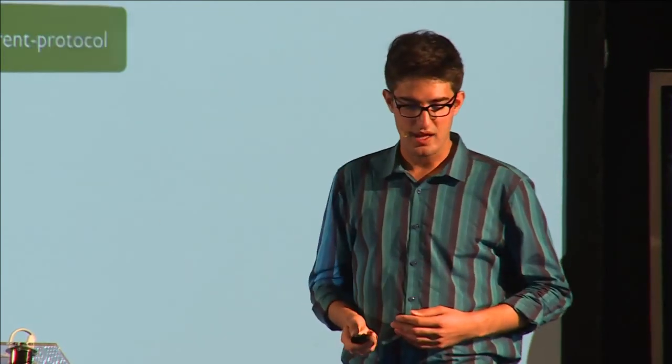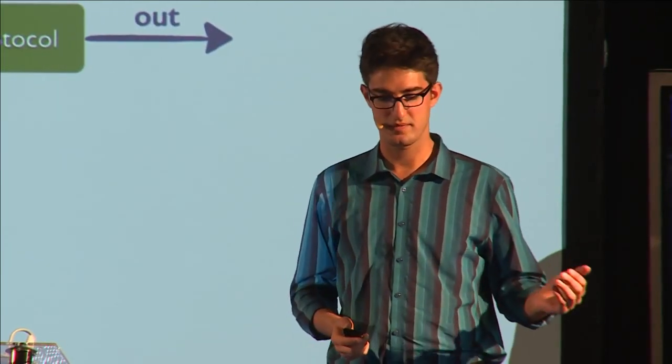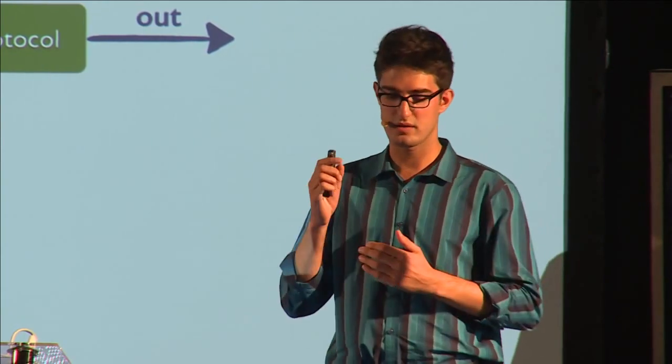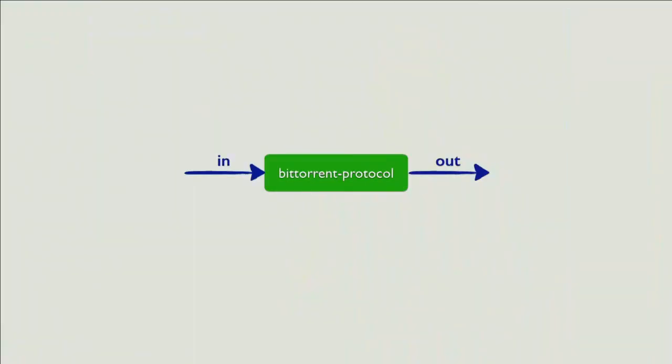So it's a stream, which means that it's going to take data in, and it's going to output data. What you actually hook those ends up to is completely up to you. So this doesn't mandate that you use TCP or anything. So we have this stream of protocol gibberish coming in, and it's also sending stuff out.